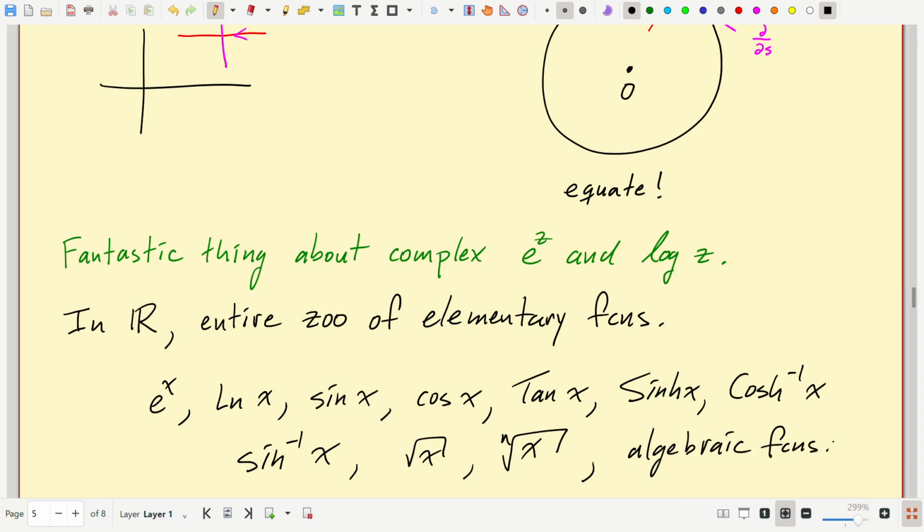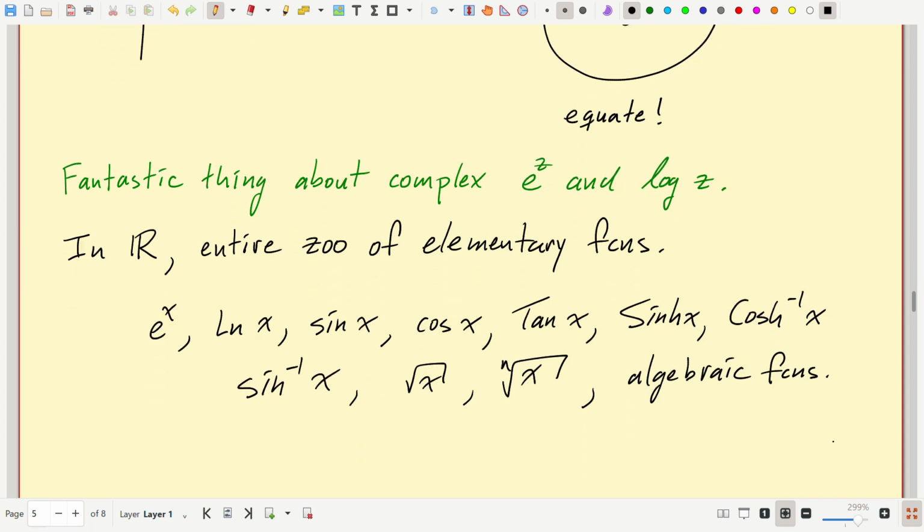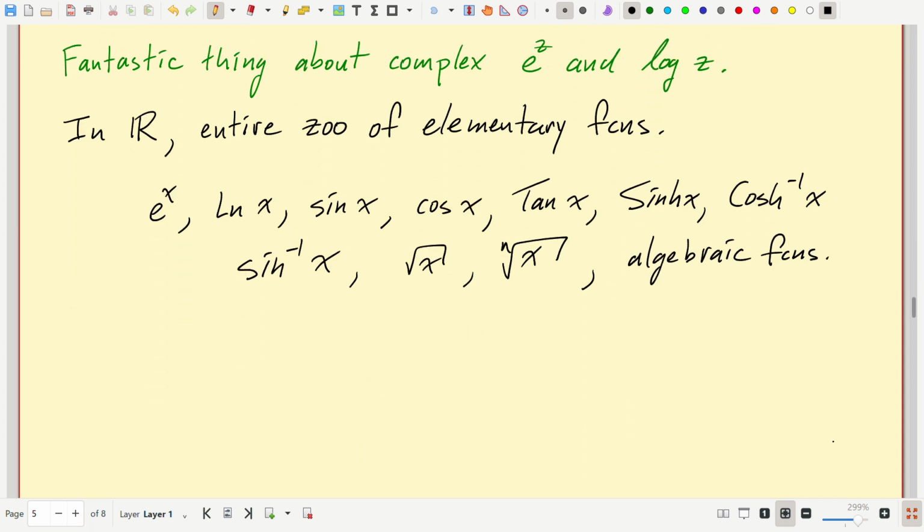If you combine all those things in all possible ways, you get what are called the elementary functions.